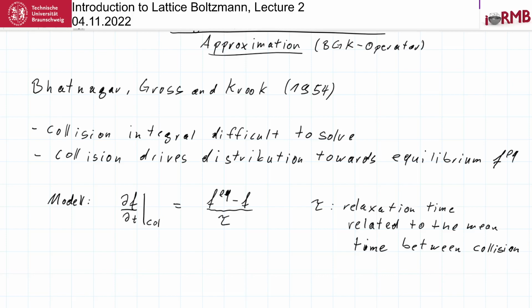So the idea is that at the collision time, so after the time that it took from one collision to another collision, it is set to equilibrium again. So the time that it needs to go from non-equilibrium to equilibrium is related to the time that it needs to travel between two collisions, and this is the collision time, and this is what we call tau.